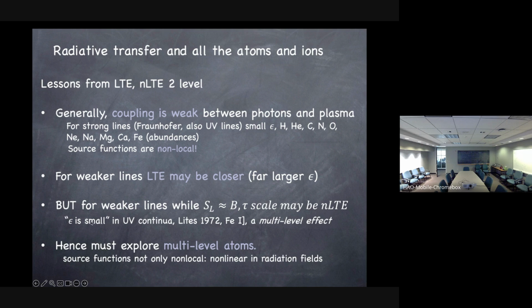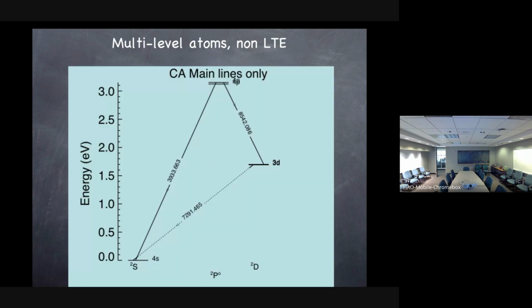So even though epsilon might be quite large in the lines, epsilon can be quite small in the UV continua. And so what you end up with, in a real atom as opposed to a 2-level atom, is non-LTE in the ionization. So the bottom line of this is we must explore multi-level atoms.